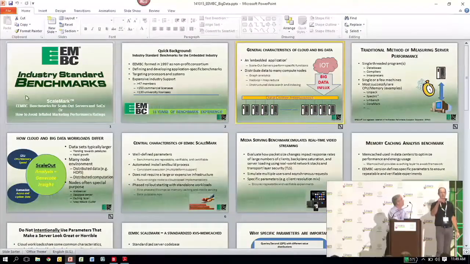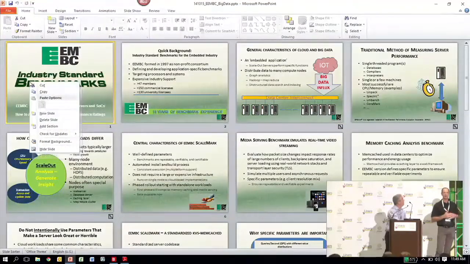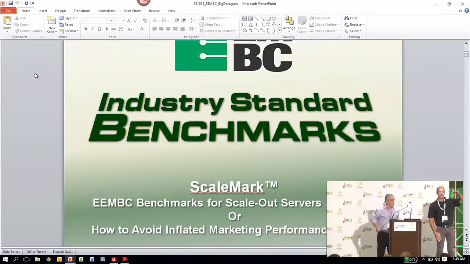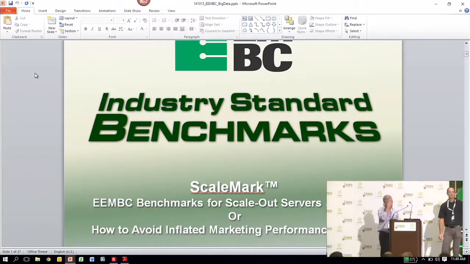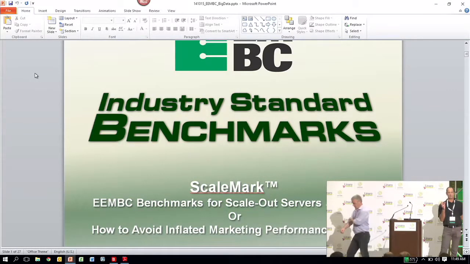And actually, your question, the guy in the blue shirt there, is a perfect segue into the problem that we face, because when companies are representing their products, they mostly use inflated marketing performance ratings because they've tuned the system, take Memcache, for example, to find the best parameters that are going to give them the optimal results. Of course, they don't publish all the details, and they just say, okay, here's our latency, here's our throughput.